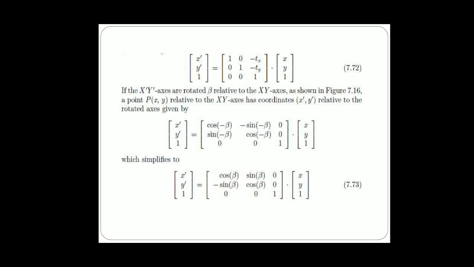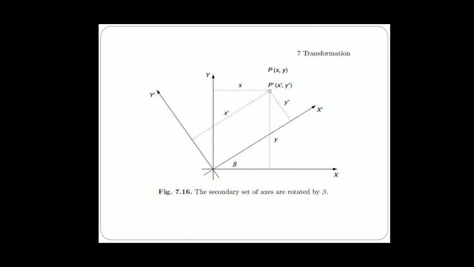These are the values which are put in and simplified, and we get the determinant in 7.73. This is the transformation they get over the rotation performed over the beta axis. Suppose I rotate the image in this direction, the actual image is this one, and I get a rotated image like this using the matrix formed in 7.73.